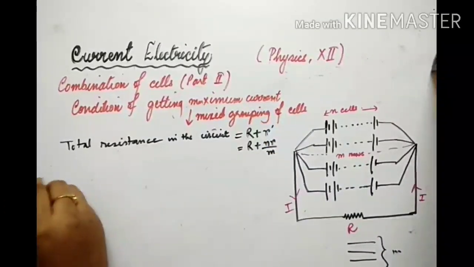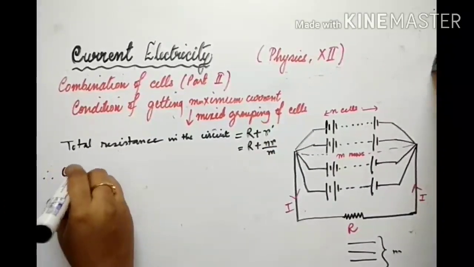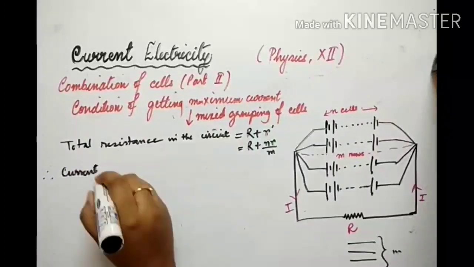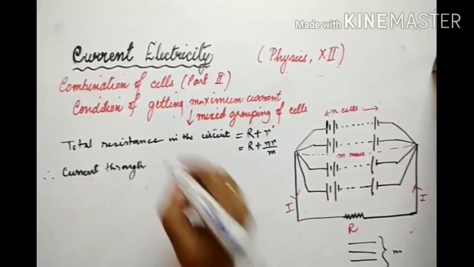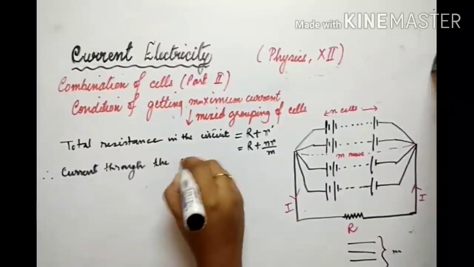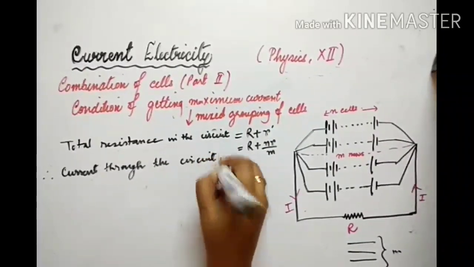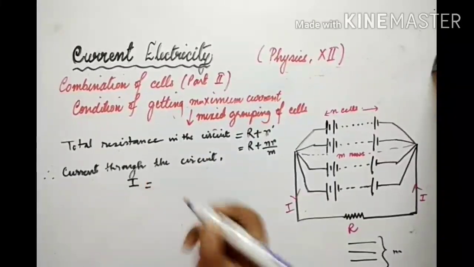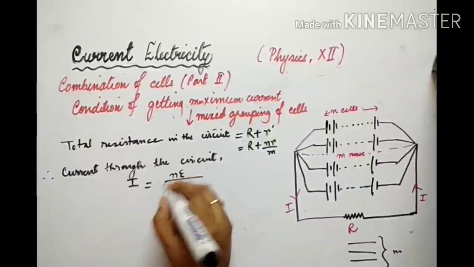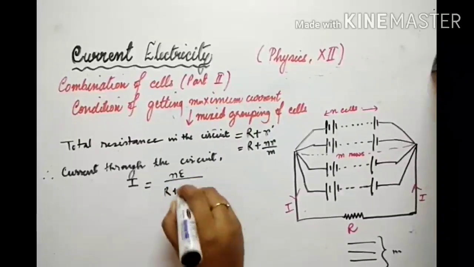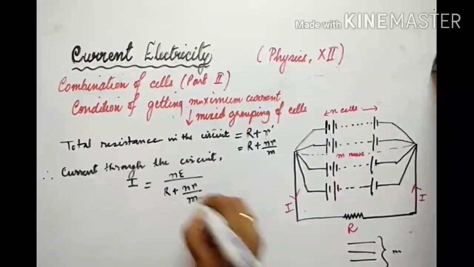Therefore, the current through the circuit will be I equals total EMF, which is n times E, divided by the total resistance, R plus nr by m.